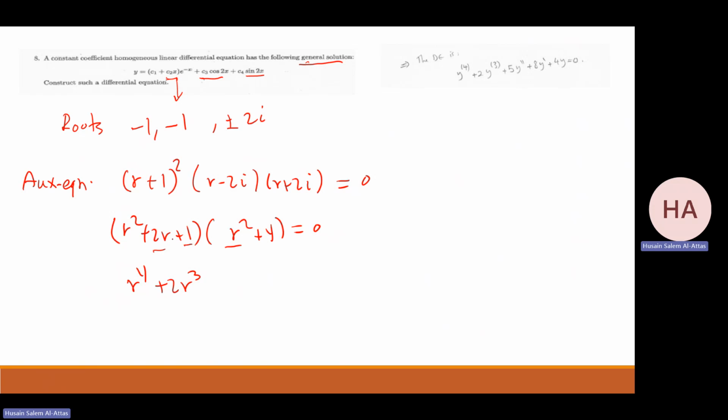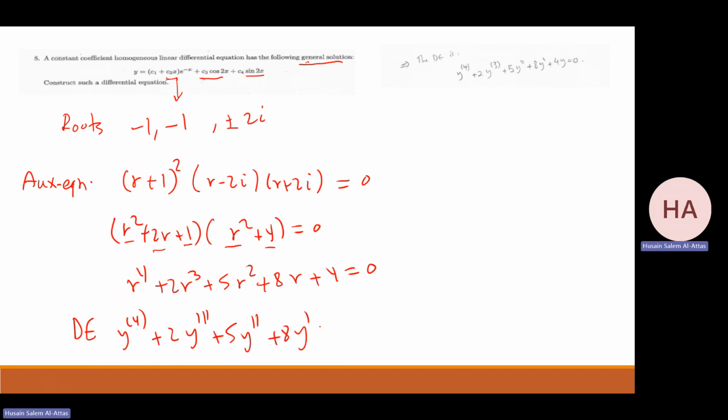R squared will come from this and this, so I have plus 5r squared. R will come times 2, so I have plus 8r plus 4 equals 0. So what's the differential equation? The fourth derivative of y plus 2 times the third derivative of y, plus 5 times the second derivative of y, plus 8 times the first derivative of y, plus 4y equals 0.